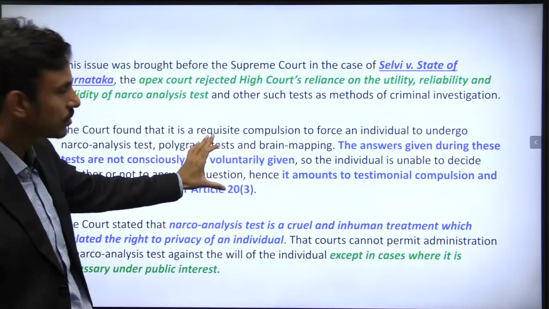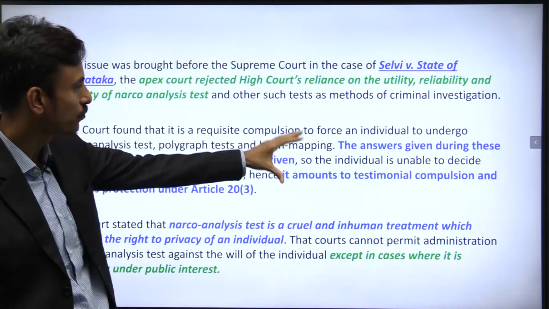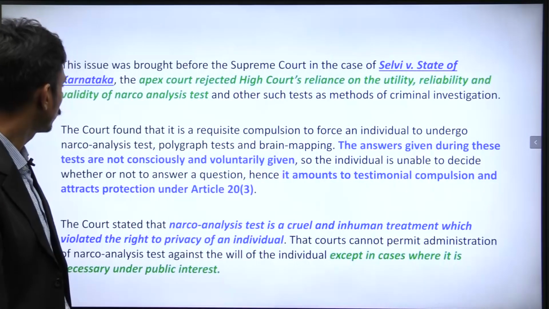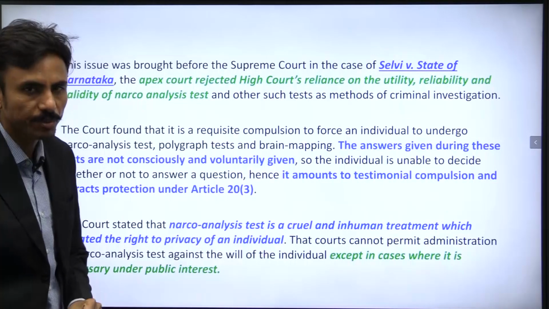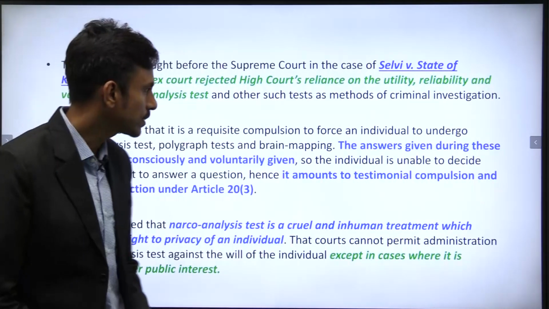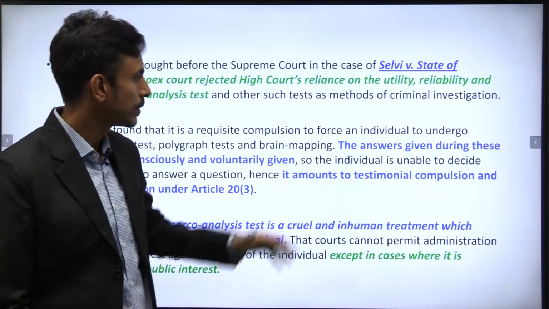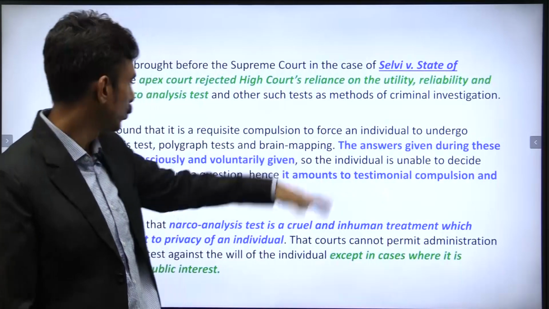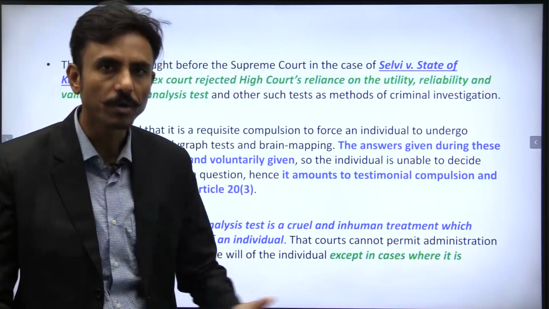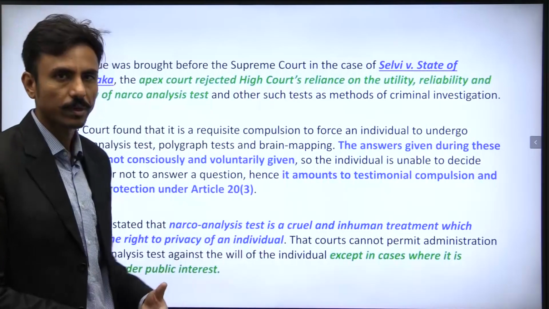The court also found that it is a requisite compulsion to force an individual to undergo a narco analysis test, polygraph test and brain mapping, right. So in this sense, it was believed that the answers given during these tests are not consciously and voluntarily given, right?